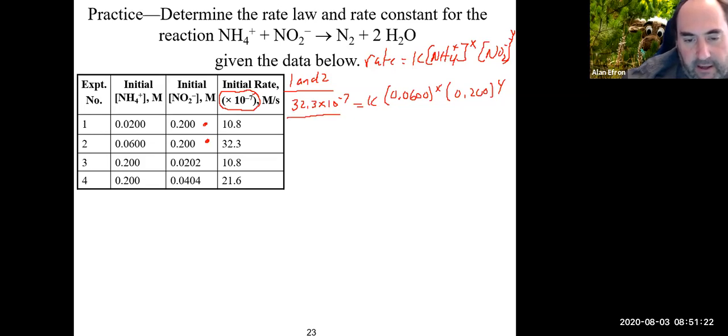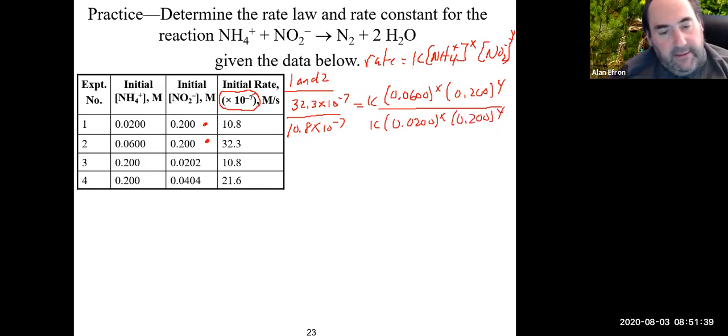I'm going to put on the bottom here number 1's information, which would be 10.8 times 10 to the minus 7, K, and 0.02 to the X and 0.2 to the Y. So at this point, we're going to take our top number on our rate side and divide it.